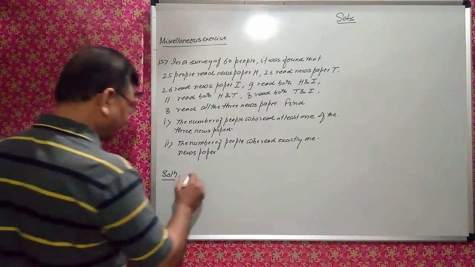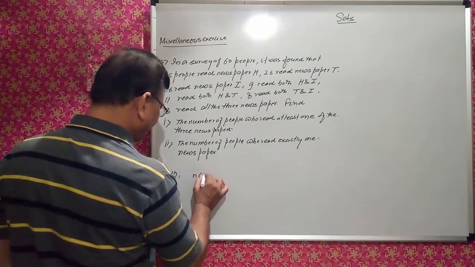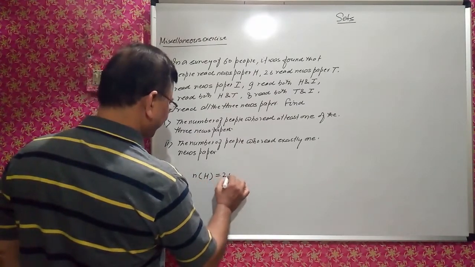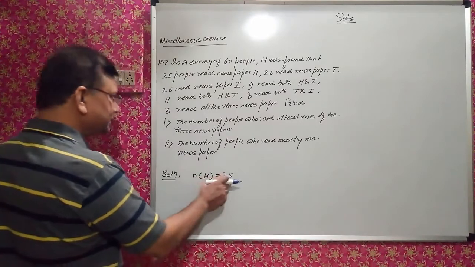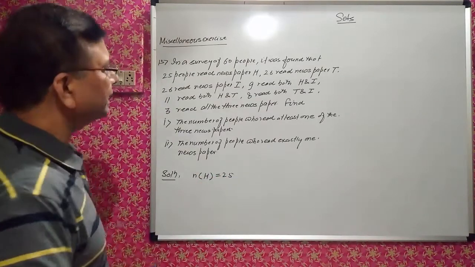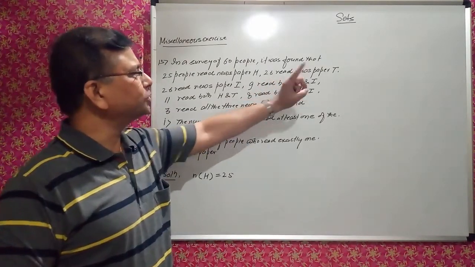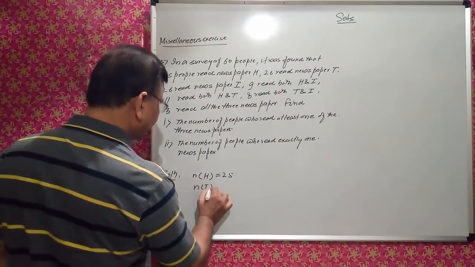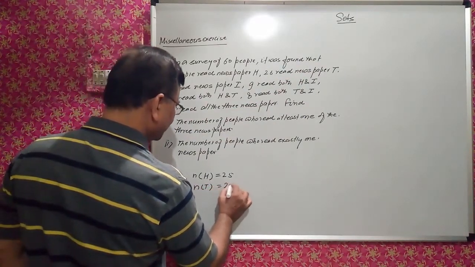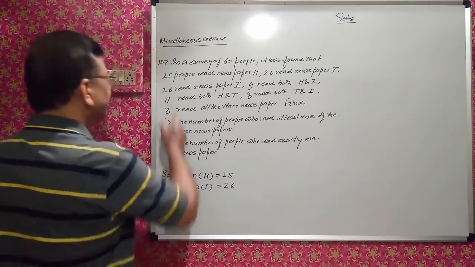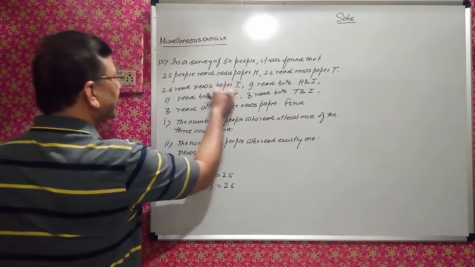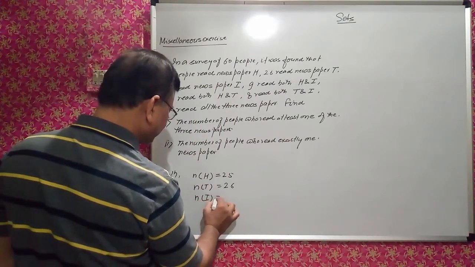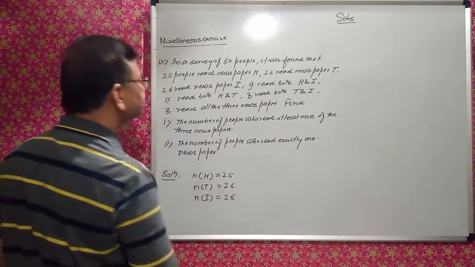One newspaper is there, H. So the number of people reading this newspaper is 25. Means N(H) is 25. Then 26 read newspaper T. Here N(T) is equal to how much? 26. 26 read newspaper I. Again N(I) is 26.